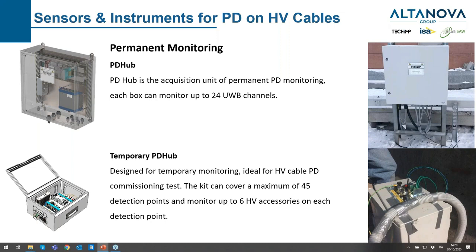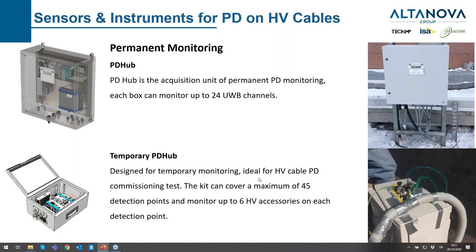partial discharge events. We also have a temporary PD hub that is designed for spot testing and temporary monitoring. It is ideal for PD commissioning of long cables during the offline test. Our kit can cover a maximum of 45 detection points, and we can monitor 6 accessories with each PD hub.